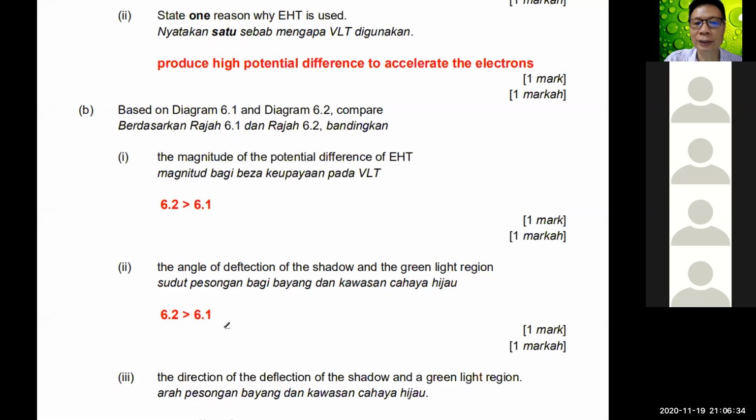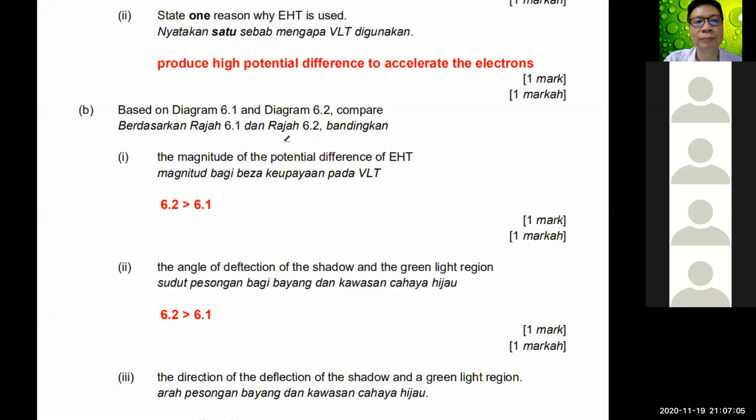And for this, you write angle of deflection. The spelling also is not correct. The angle of deflection of shadow and green line in diagram 6.2 is bigger than 6.1. You write in a sentence like that, Chua, understand?